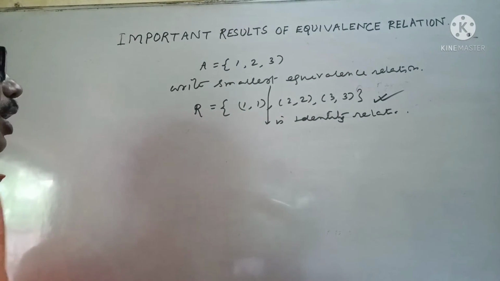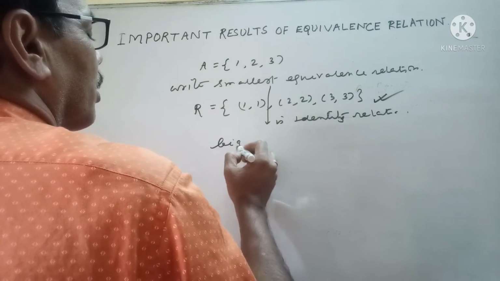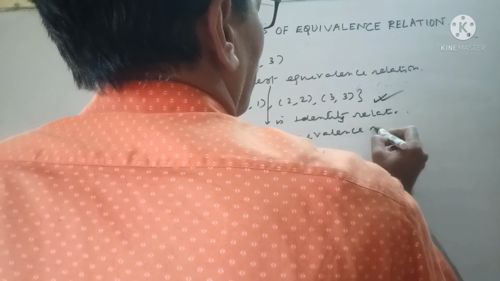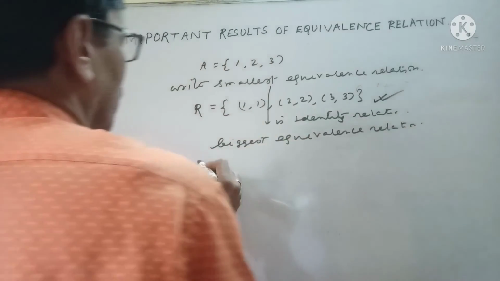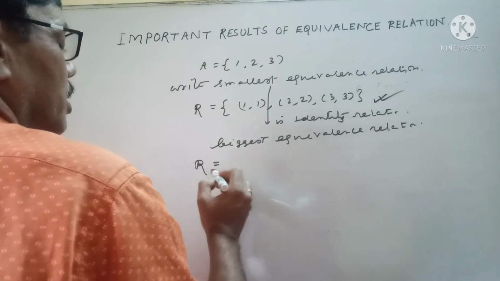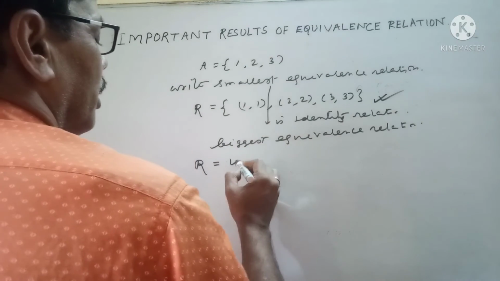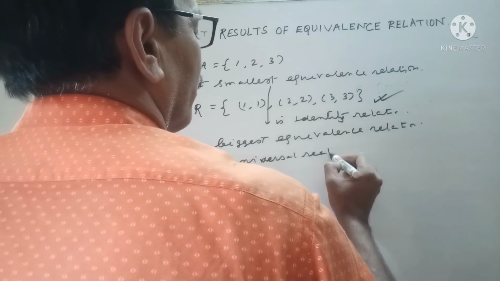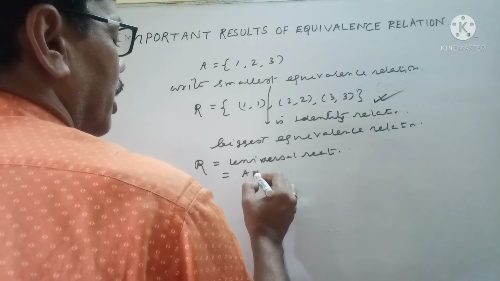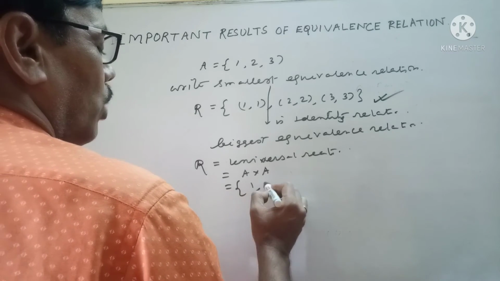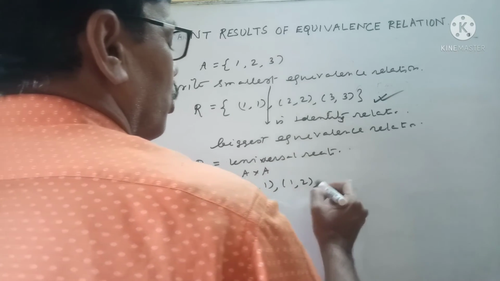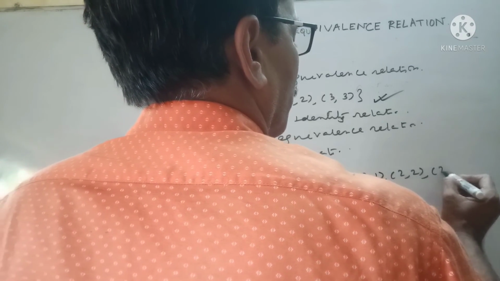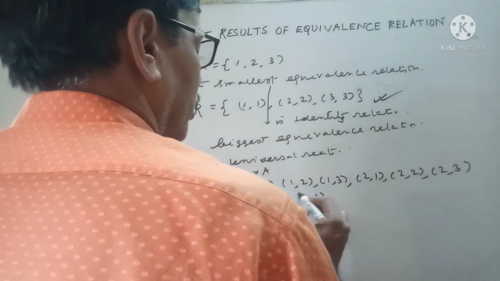And if we write the biggest equivalence relation, you know, this is the universal relation, that is A cross A. That is (1,1), (1,2), (1,3), (2,1), (2,2), (2,3), (3,1), (3,2), (3,3).